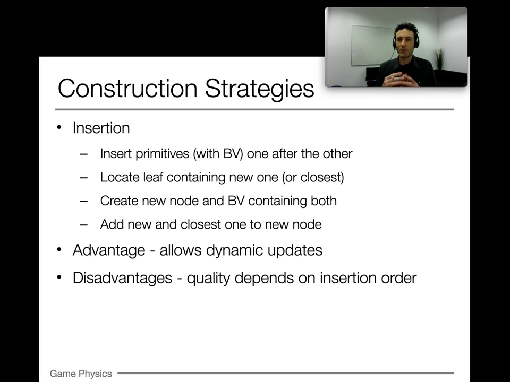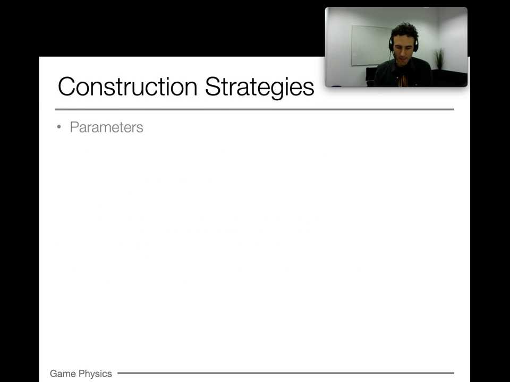Then we end up with a structure that looks more like a list than a tree, and the whole logarithmic advantage of the branching gets lost and the tree would be slow. But we gain the flexibility. All right.